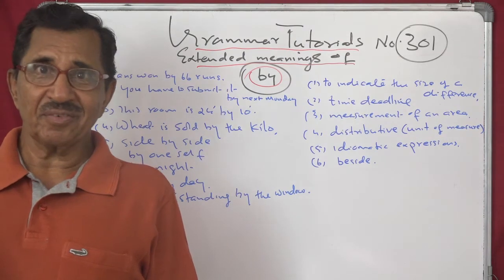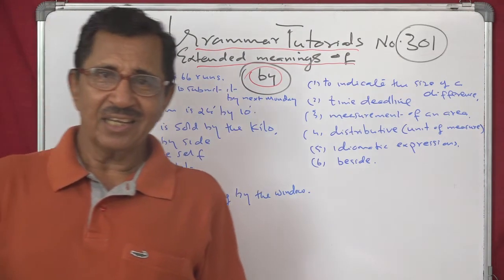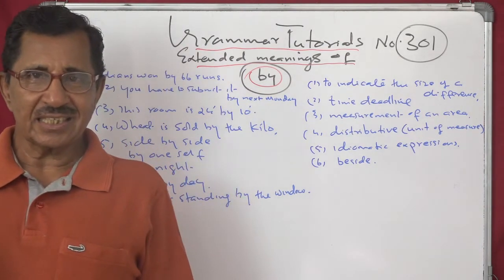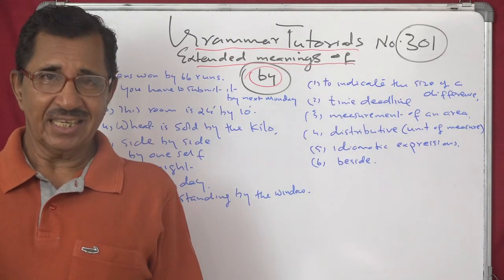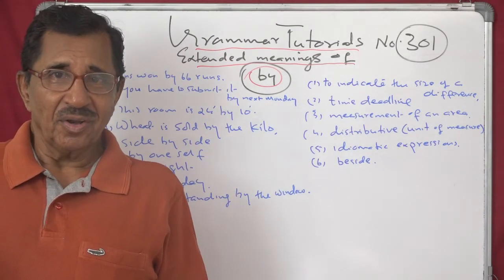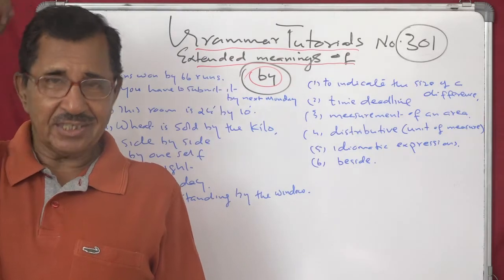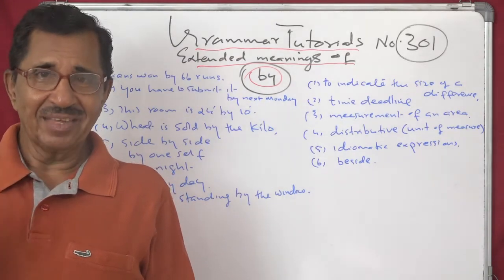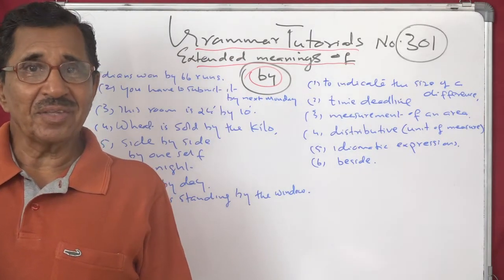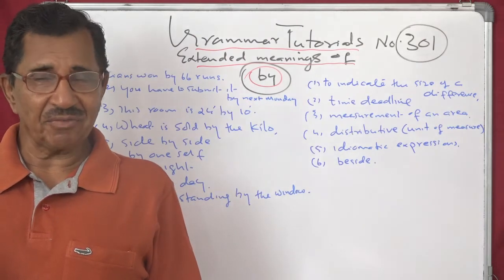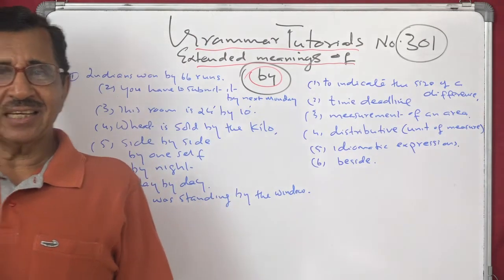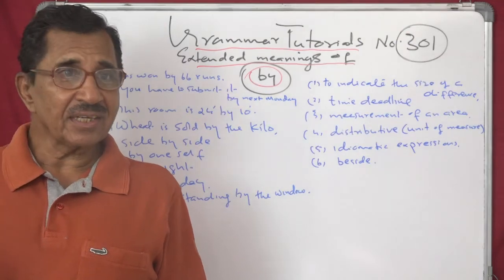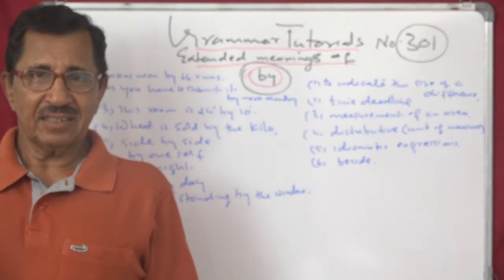Nicodemus, a famous person in the Bible, went to meet Jesus Christ by night. He also put a towel on his head to hide himself from the Jews because he was afraid. And Macbeth committed that crime by night.